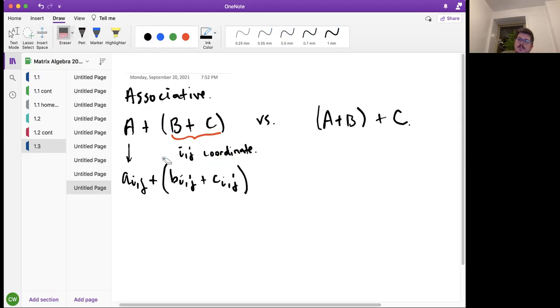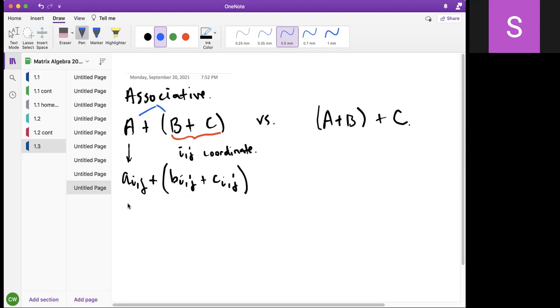Is that okay? So in the parentheses is the result of adding B plus C first. And then how do you add these two matrices together? Do exactly as we described.